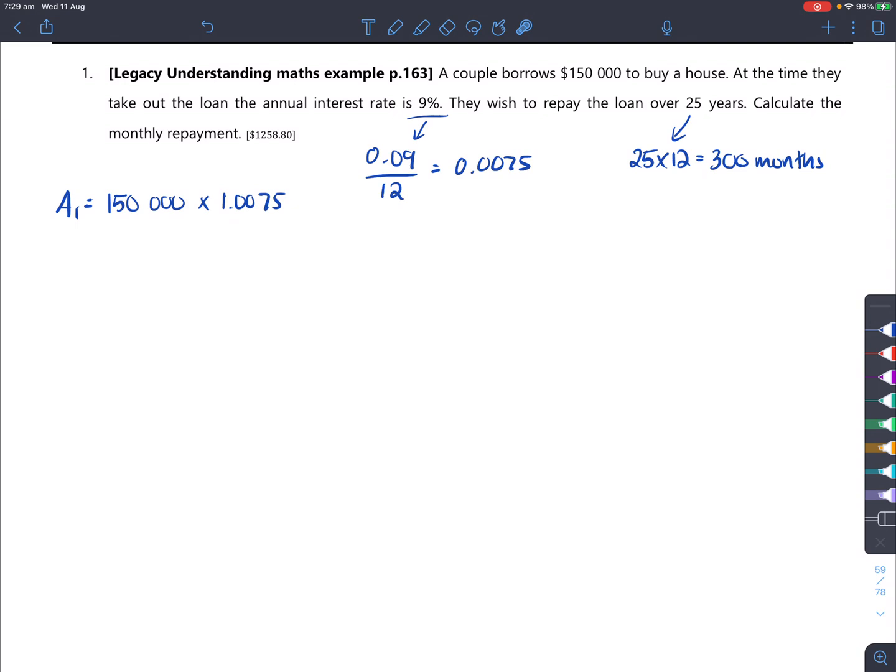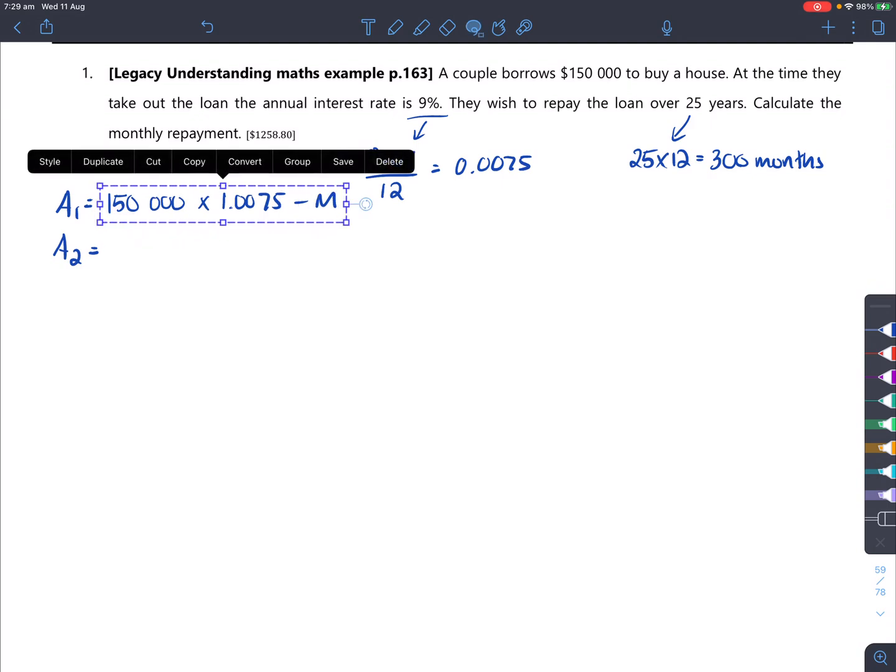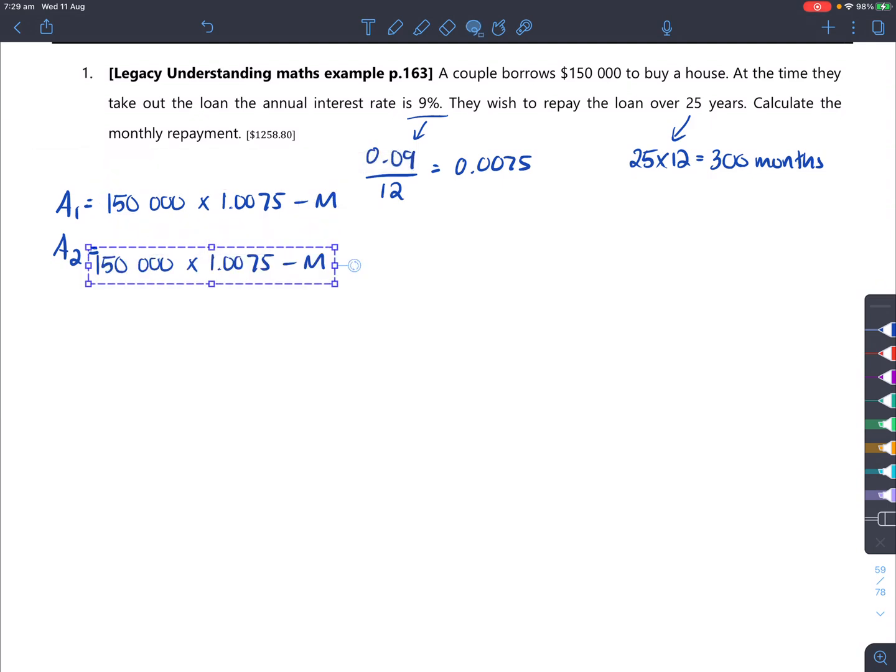And at the very end of this month, we're going to subtract M, where M is our monthly repayment. Then when we go to A2, this amount in A1 is now what's owing, after the monthly repayment has been paid. Then the same thing repeats.